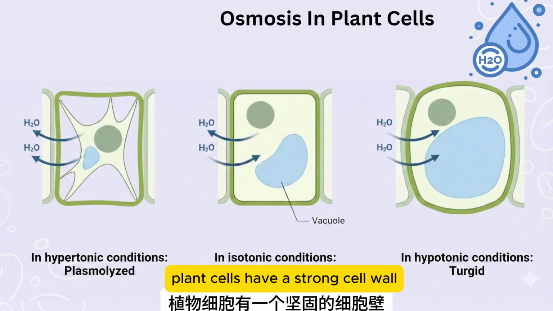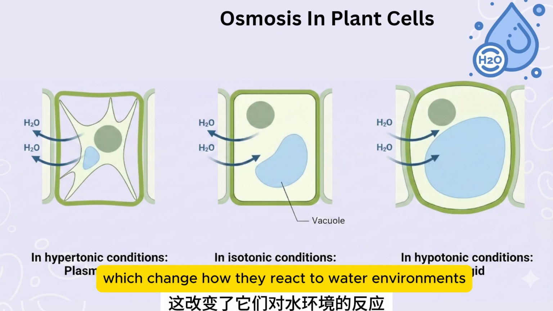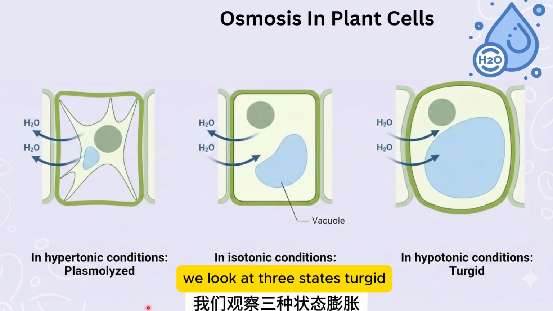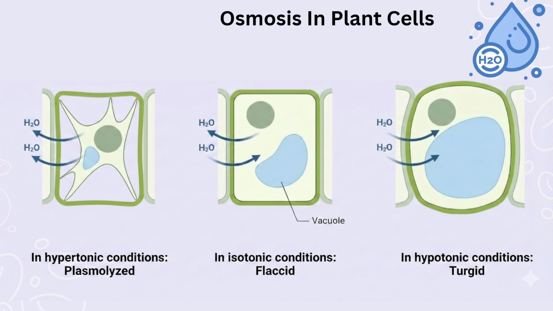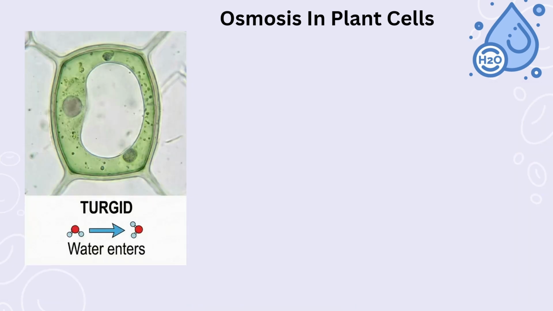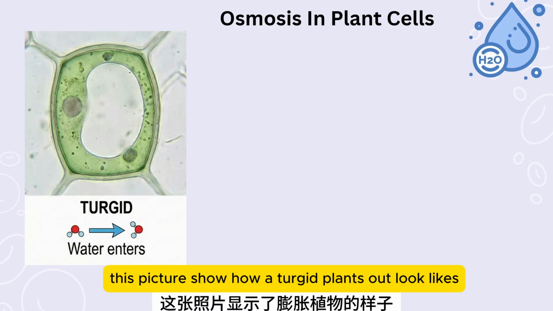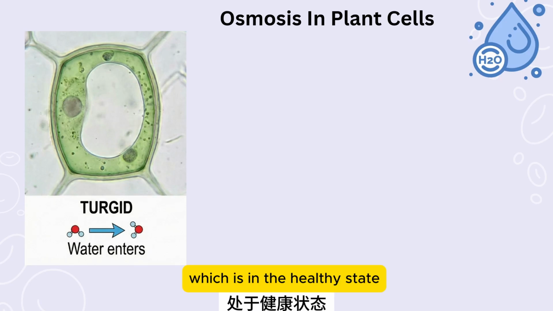Plant cells have a strong cell wall, which changes how they react to water environments. We look at three states: turgid, flaccid, and plasmolyzed plant cells. This picture shows what a turgid plant cell looks like, which is the healthy state.